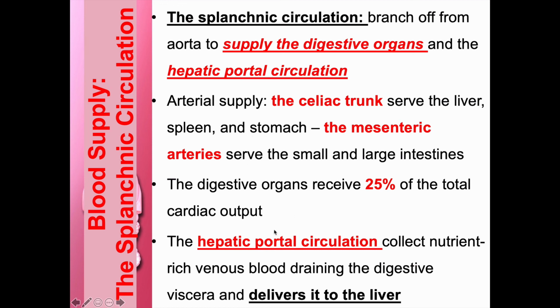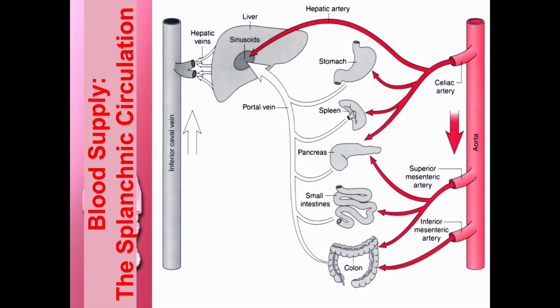The midgut is supplied by the superior mesenteric artery, and the hindgut is supplied by the inferior mesenteric artery. All the blood drains as the hepatic portal vein. I will teach that separately in the hepatobiliary system. Just remember the portal vein is bringing the venous blood and delivering it to the liver. I will show you the portal vein and explain, and you will have a better understanding.